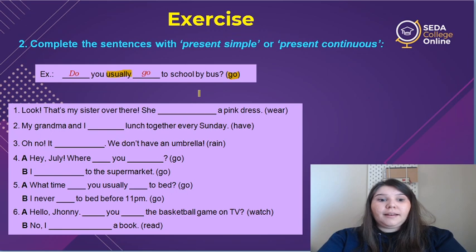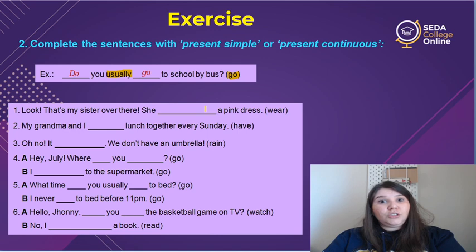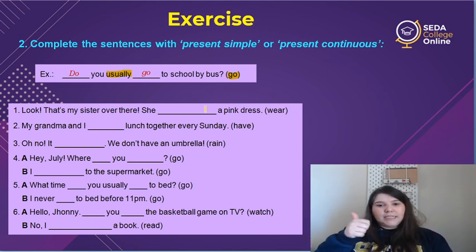All right? Now, from 1 to 6, look at the verb, pay attention with the sentence, and complete using present simple or present continuous. I'm going to give you 2 minutes again. Write down your answers, and on the next slide, we're going to check them, okay? So start working now.